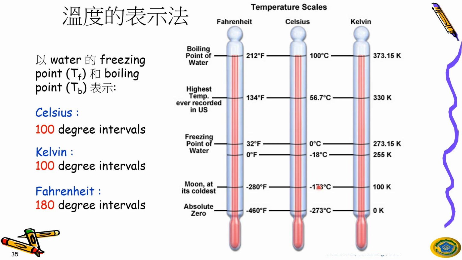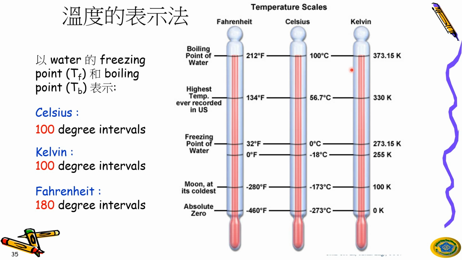As you know, on this scale, the 0 here is the freezing point of water. For Fahrenheit it is 32 Fahrenheit, for Celsius it is 0 degrees, and for Kelvin it is 273.15 Kelvin. And this is the boiling point, right?